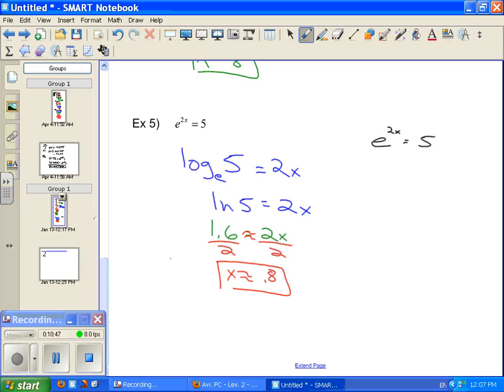Well, can I rewrite 5 so that it's e to the something? I can't, that's out. So what we end up doing is going natural log both sides. This got to move out in front. So I'd have 2x natural log of e equals natural log of 5. And if you type natural log of e into your calculator, do you know what that comes out to be? 1. So I don't need that anymore. So I have 2x equals natural log of 5. And that's where I am right here.